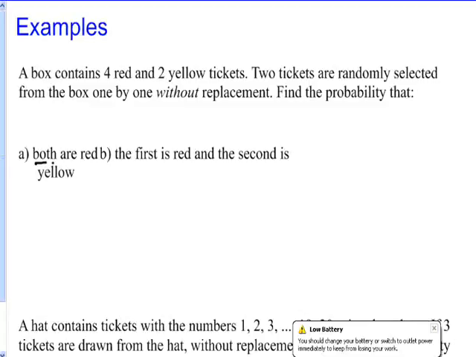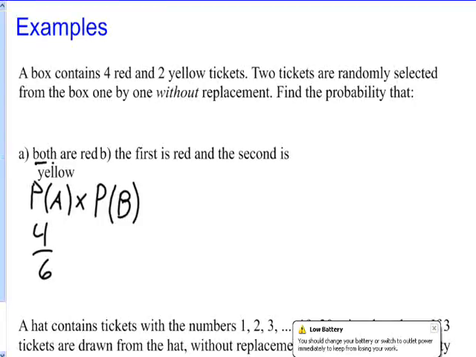Okay? So the probability that both are red. First we have 6 tickets there. So the probability of A times the probability of B when A has occurred. Okay? So the probability of A, which is a 4 out of 6 chance that red was selected the first time, times, now we have said that red had to be selected the first time, so what's the probability, since that red was selected the first time, that it will be selected again?